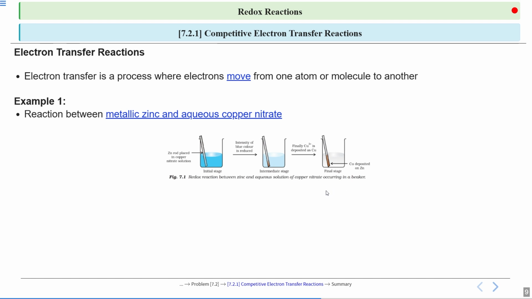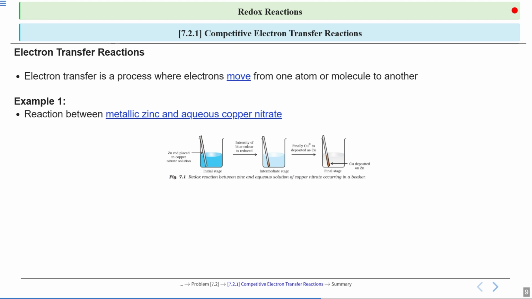So what can we conclude here? We can conclude that some brown substance has been deposited on the zinc rod, and this reaction has also resulted in a clear solution, which was previously blue in color.